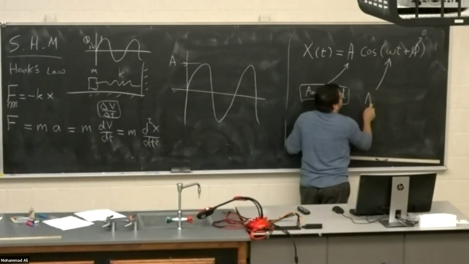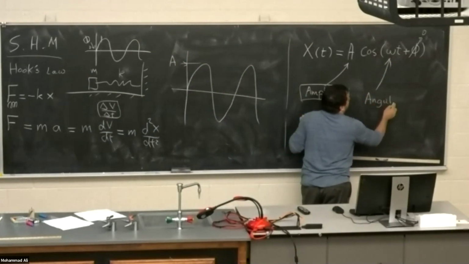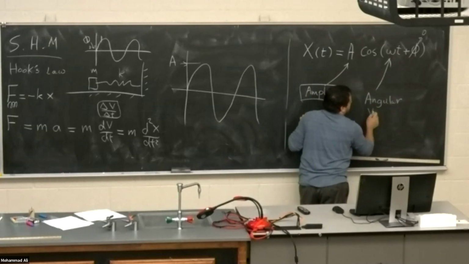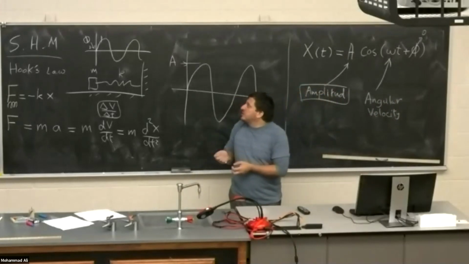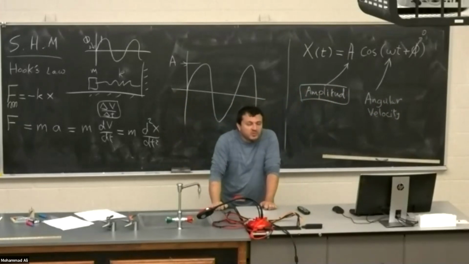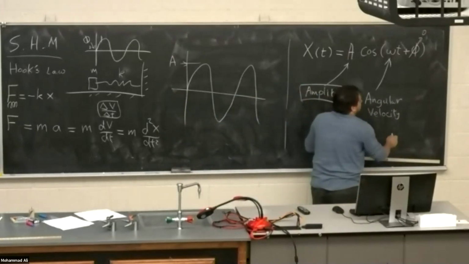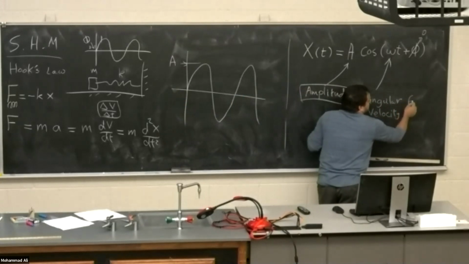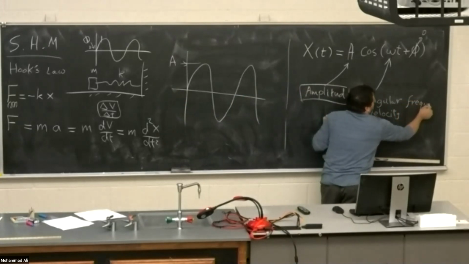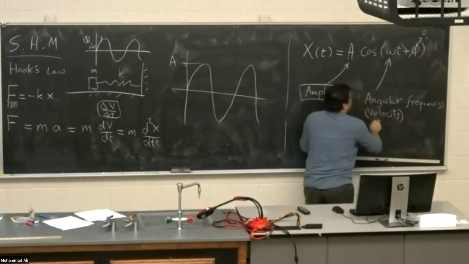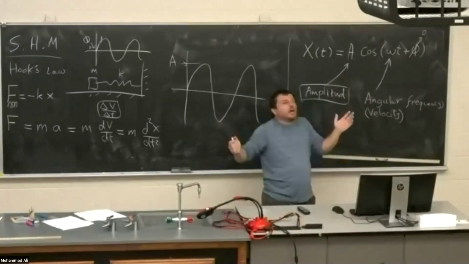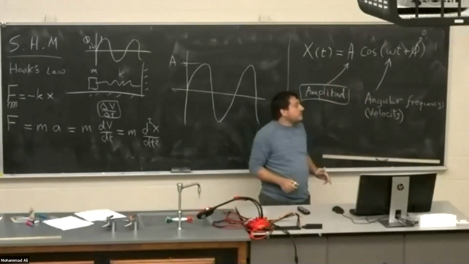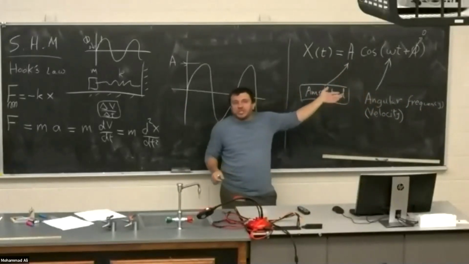It is the angular velocity. But in vibrational motion, we need to give it another name because it relates to the frequency. We give it angular frequency. Same as angular velocity. T is the time. Cosine is cosine. Phi is 0. So this is the position.